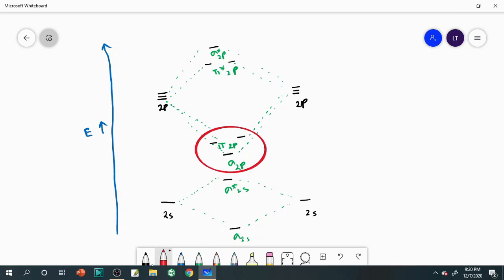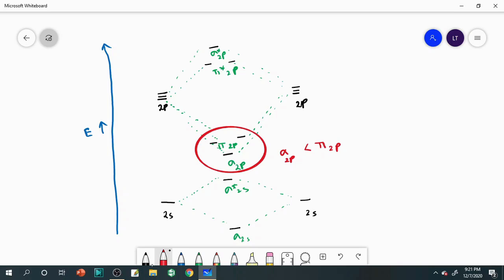In this region you see the energy of the sigma molecular orbital of course is lower than the pi molecular orbital, and sigma 2p has lower energy than the 2 pi orbitals. But this energy difference is not very high.